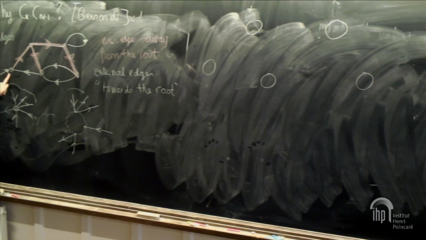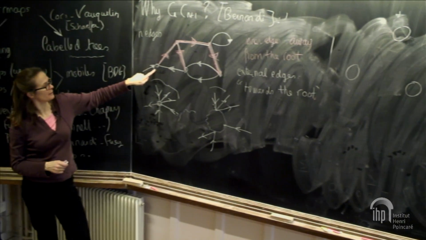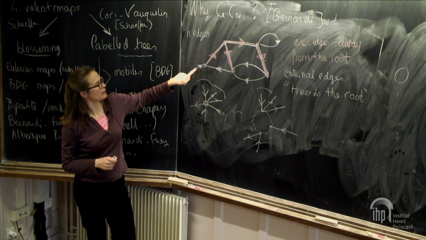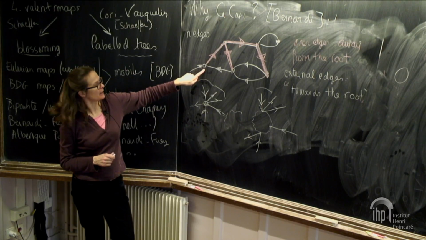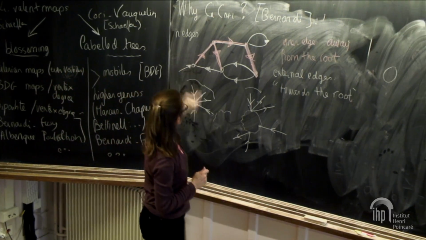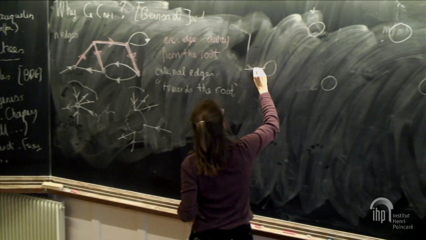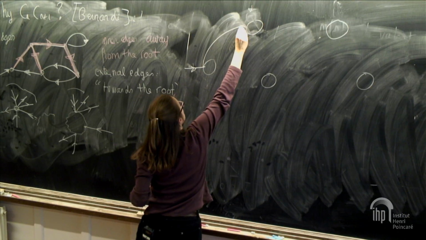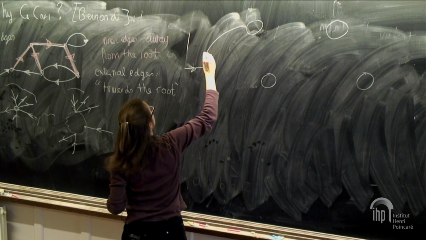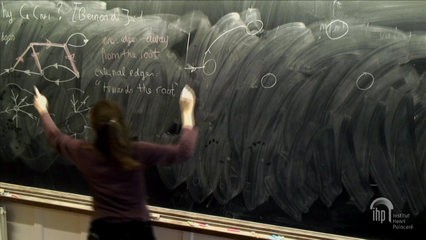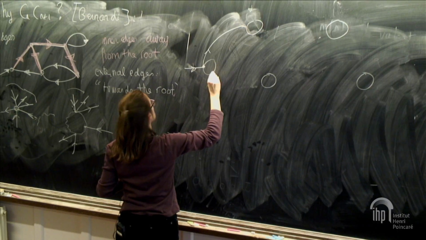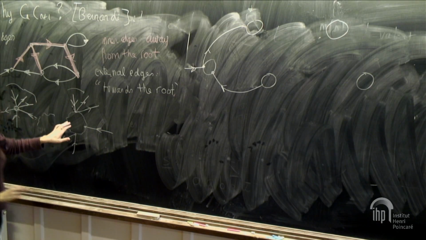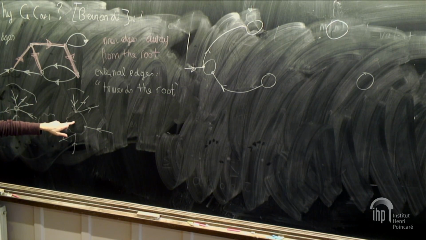And one point is that I include this root corner, or this half edge, into my collection of ingoing edges here at the root bubble. Okay, so let me try to do this. So I have the root corner, then I have something outgoing, which will end somewhere here. And then I have another ingoing edge here coming from here. Okay, so at every vertex, I want to draw something like that.